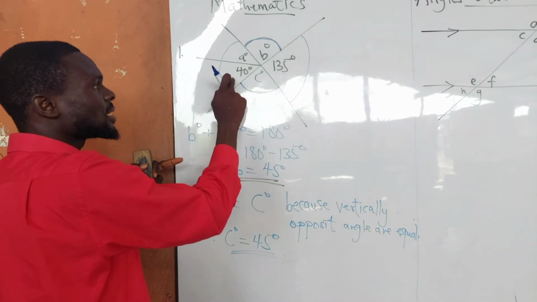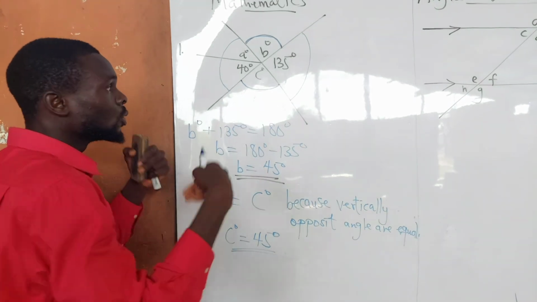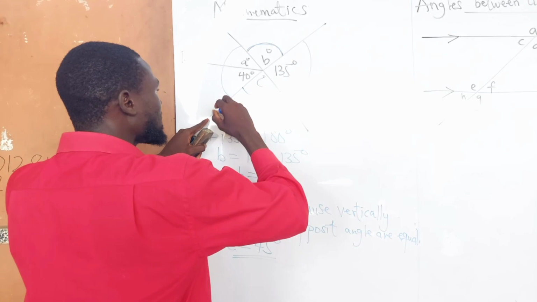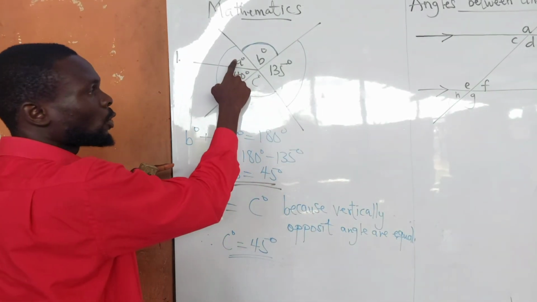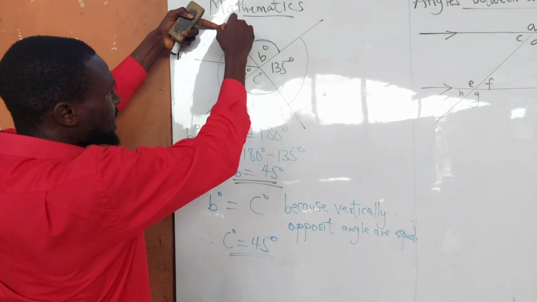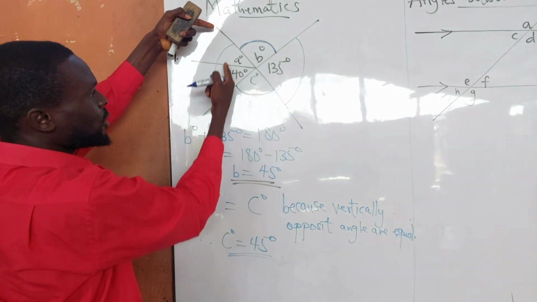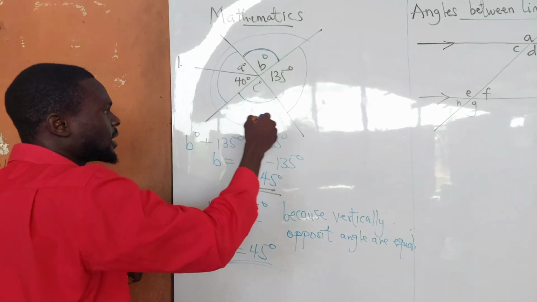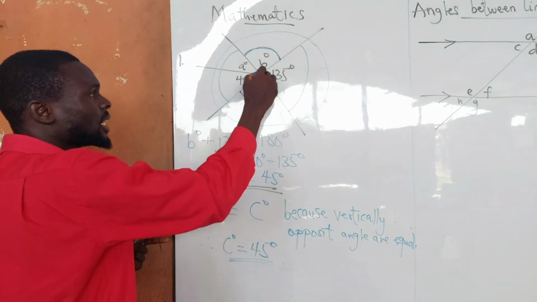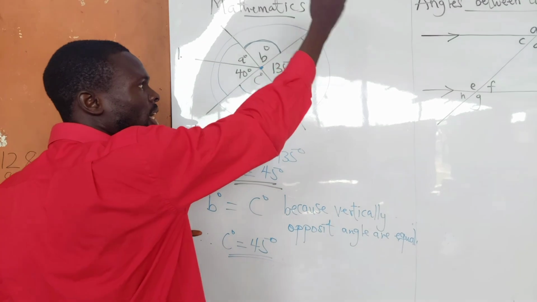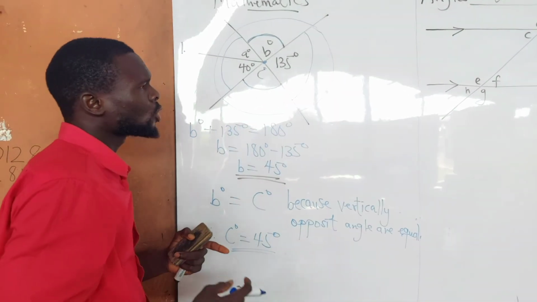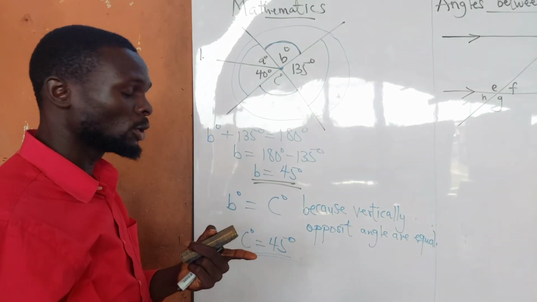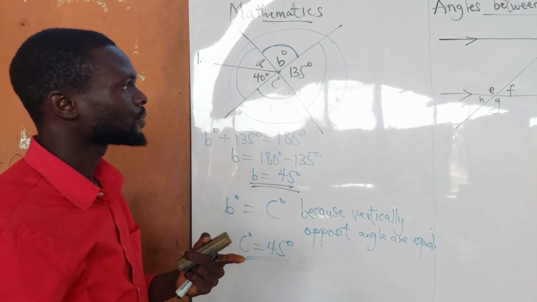By adding this and equating to this will give us the value of A. Or we can take this as a straight line, solve for A, or take this one as a straight line, then we solve for A. We can also decide to take everything around this one, which is angles around a fixed point. Then we equate it to 360. So no matter how you take the angle, you'll be able to solve for the missing value.